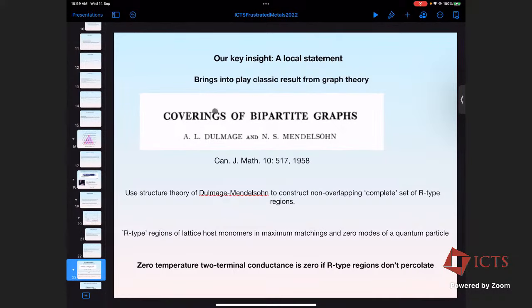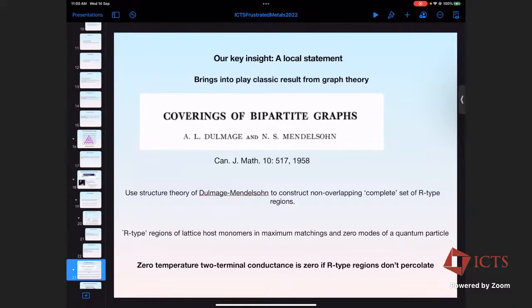So this goes under the name of the Dulmage-Mendelssohn decomposition. It's a structure theory of graphs that works with maximum matchings to decompose the graph in a special way. And then by using that decomposition, we could essentially construct a complete set of R-type regions given a graph.